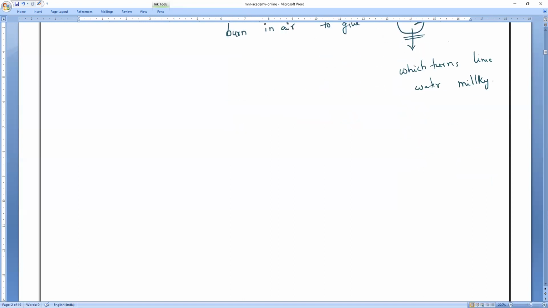Now, most important thing I am telling you about carbon. What is the symbol of carbon? C. What is the atomic number of carbon? 6.